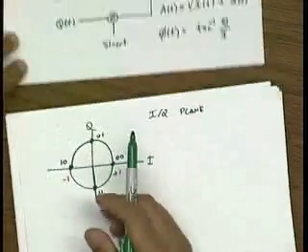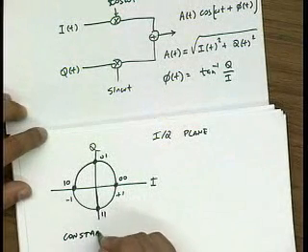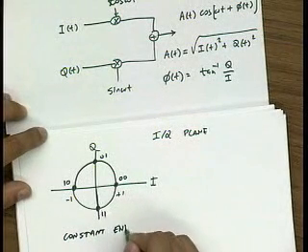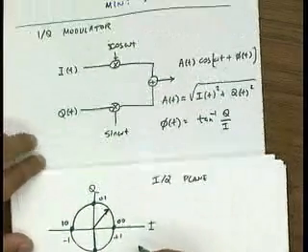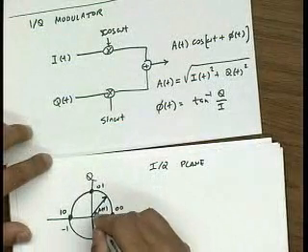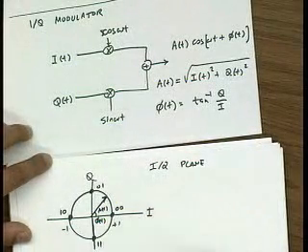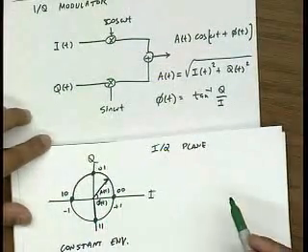And I can use the simple modulator to do that. Now this is a constant envelope modulation, because of course this magnitude is A of t, and this is the phase phi of t. So the only thing that changes as we transmit different bits here is the phase.